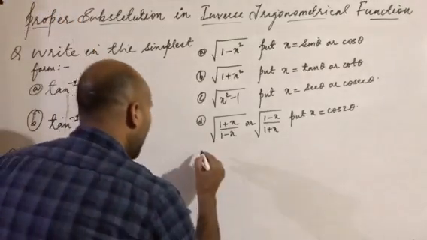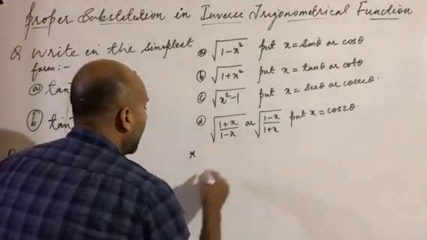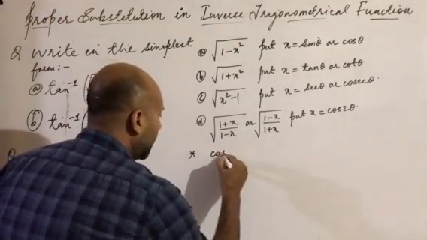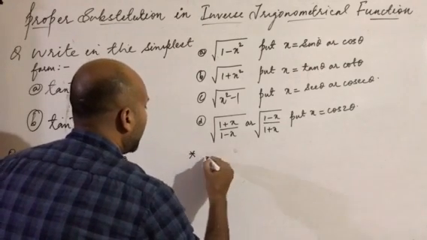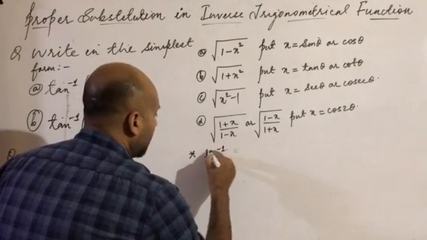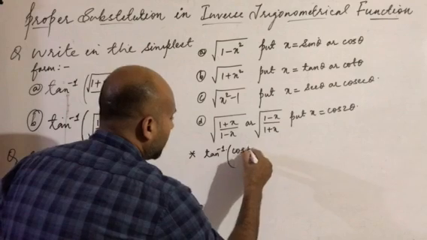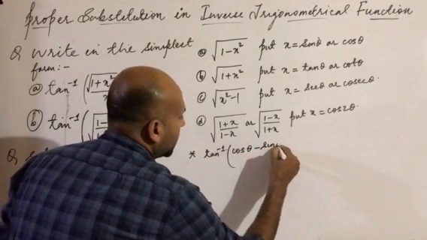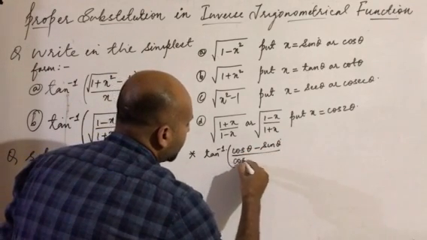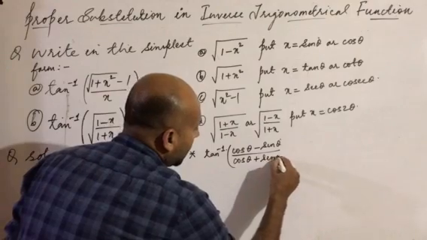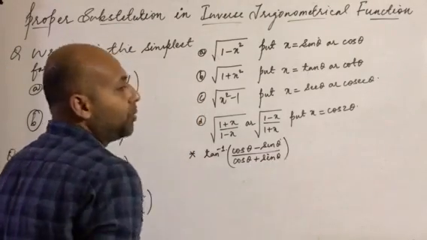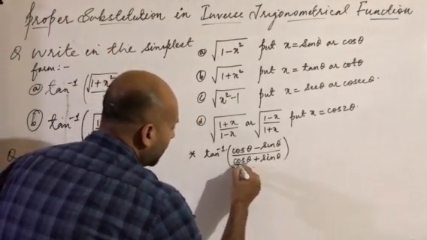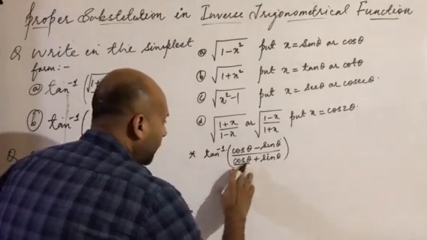Now, one more important rule I am going to tell you. Suppose in the question it is given, like take the example here, tan inverse of cos theta minus sin theta divided by cos theta plus sin theta. Your trick is to divide the numerator and denominator. Your target should be to make this term 1.